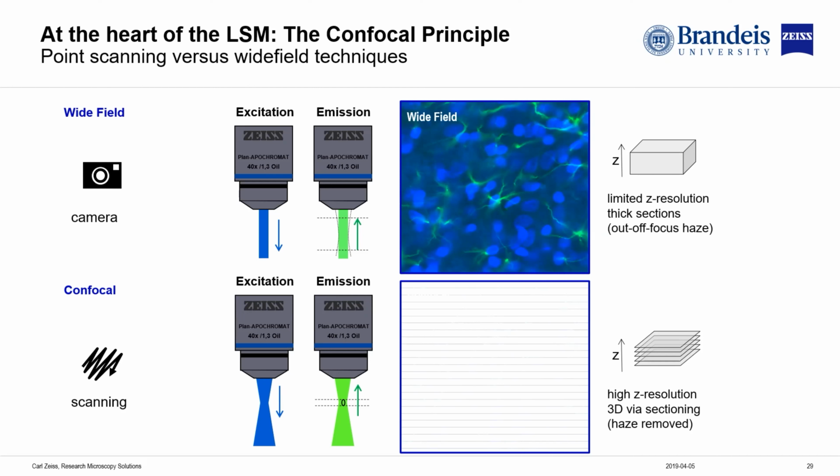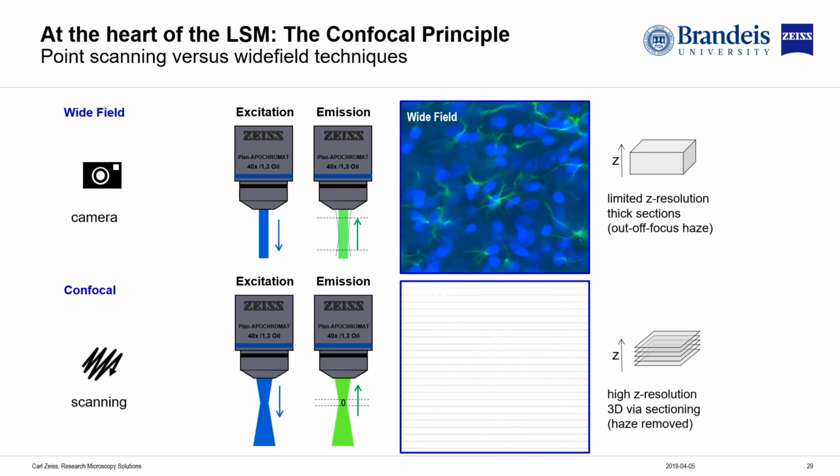So if everyone can see my screen, the first slide to talk about this is really to step back to wide field imaging, where we're working with optics that are going to collect a depth of focus with a lot of background fluorescence that's out of that focal plane.